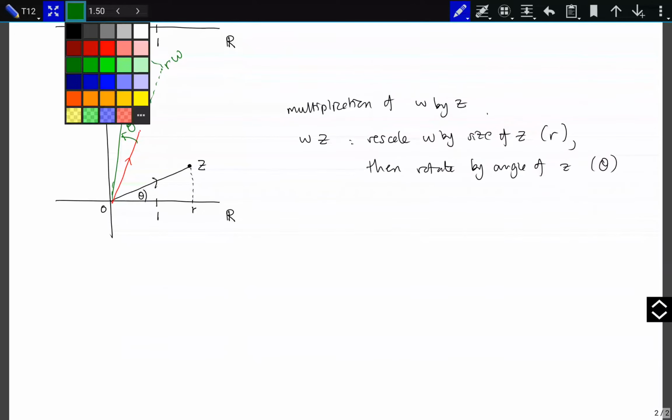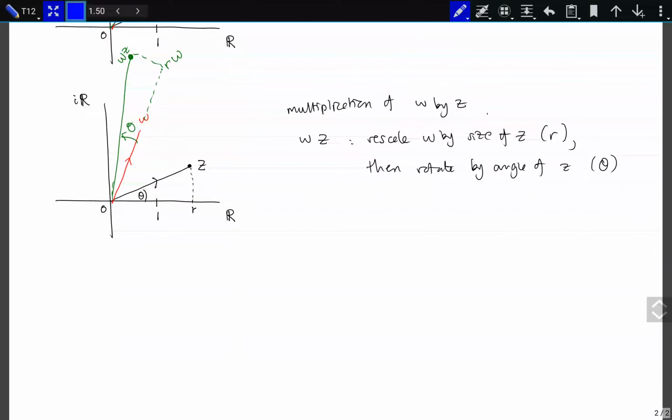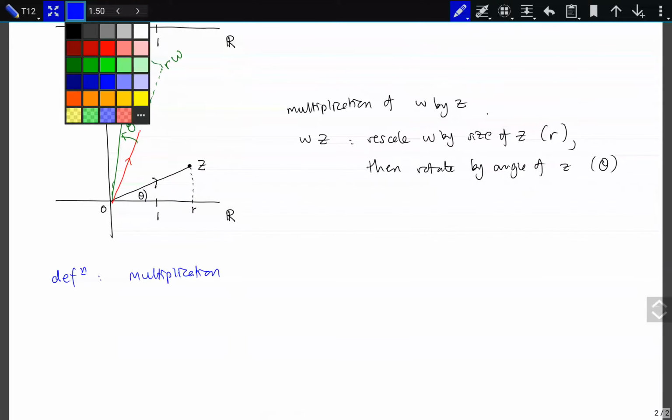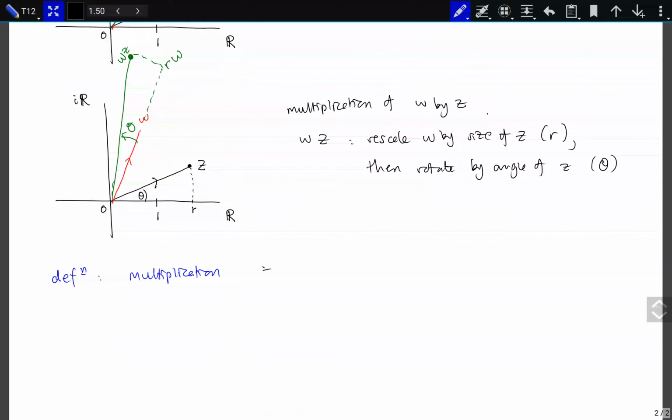Here's the general definition, so that's motivation, so let's do the definition of multiplication. If I give you two arbitrary complex numbers, z_i equals (r_i, theta_i)_p for i equals 1 or 2, z1 times z2 is equal to (r1, theta1)_p times (r2, theta2)_p, and is equal to, you multiply the sizes, and you add the angles.